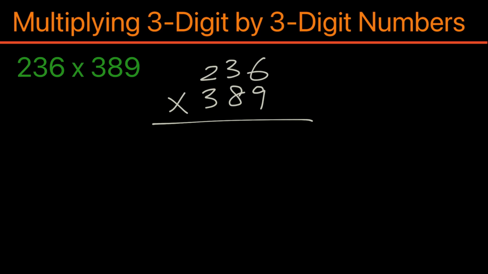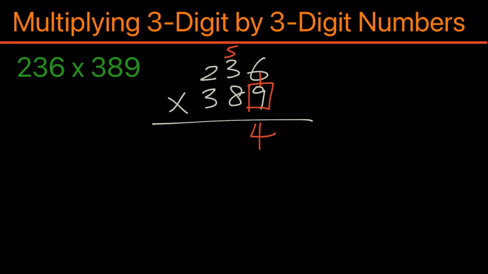So the first part, we're going to take the 9 times 6. 9 times 6 is 54. So we'll put 54, the 5 will be on top, and 4 will be here.